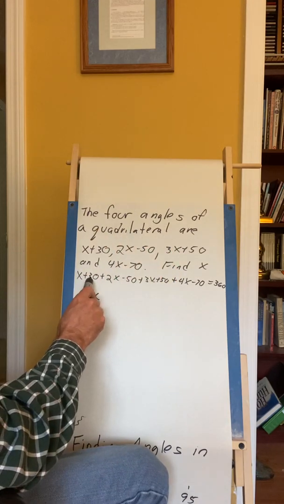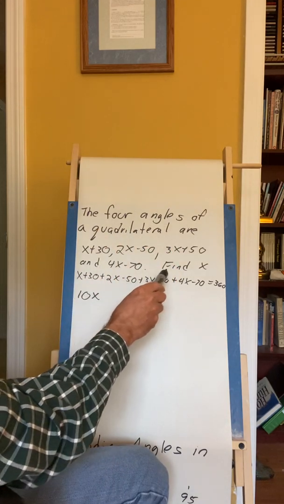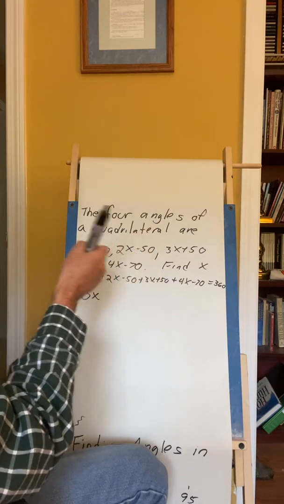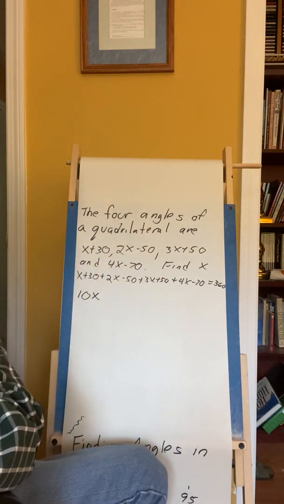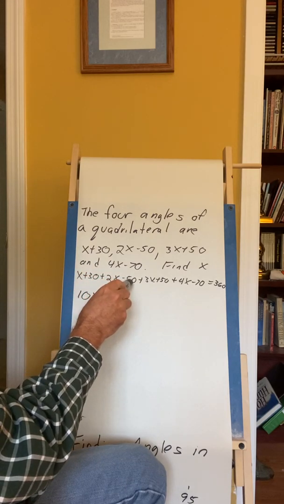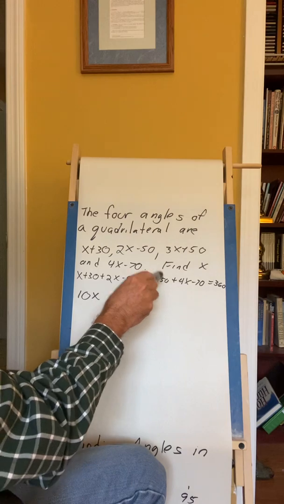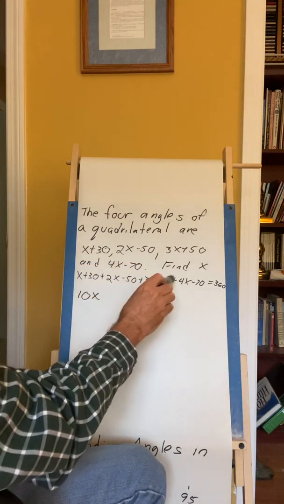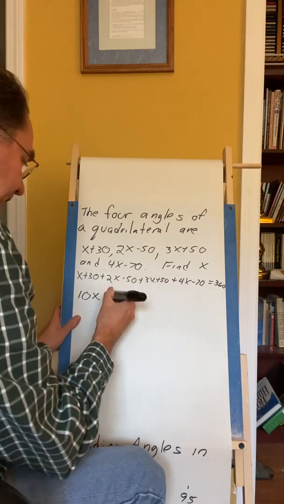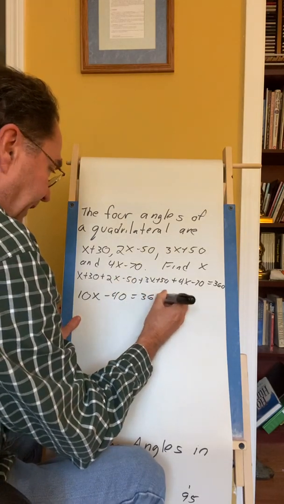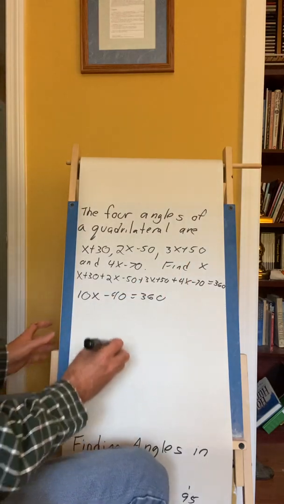Do 30 minus 50 plus 50 minus 70, and whatever you get is what you put down. That's combining like terms. 30 minus 50 is negative 20. Negative 20 plus 50 is 30. 30 minus 70 is negative 40 equals 360. And your calculator would say the same thing, minus 40.